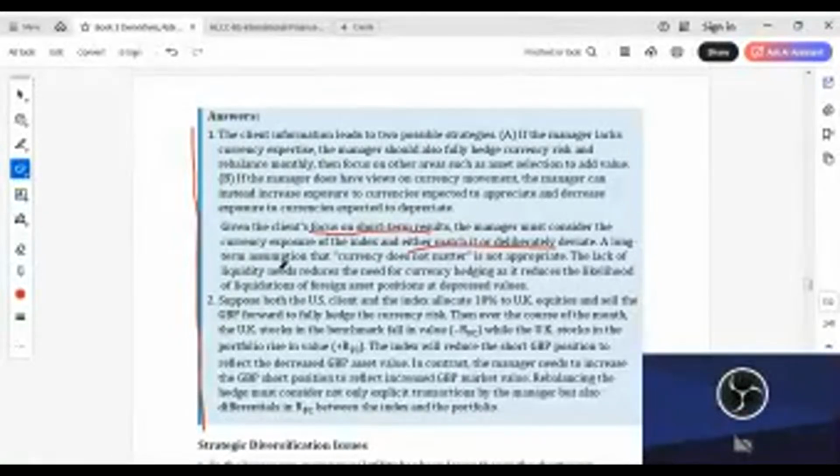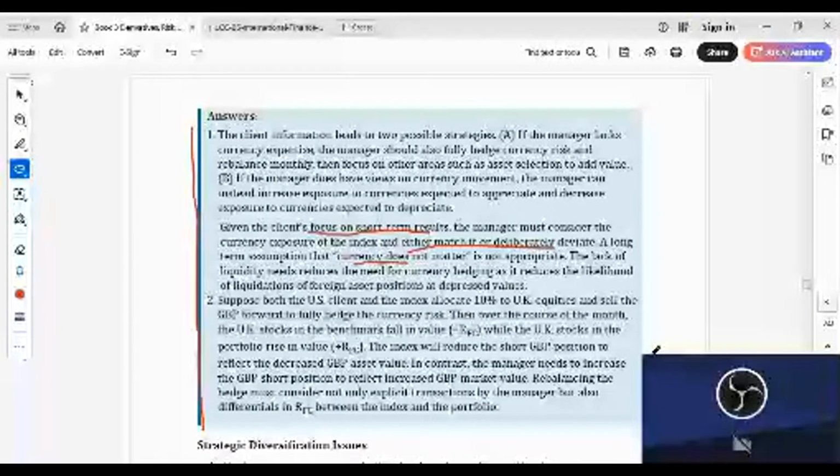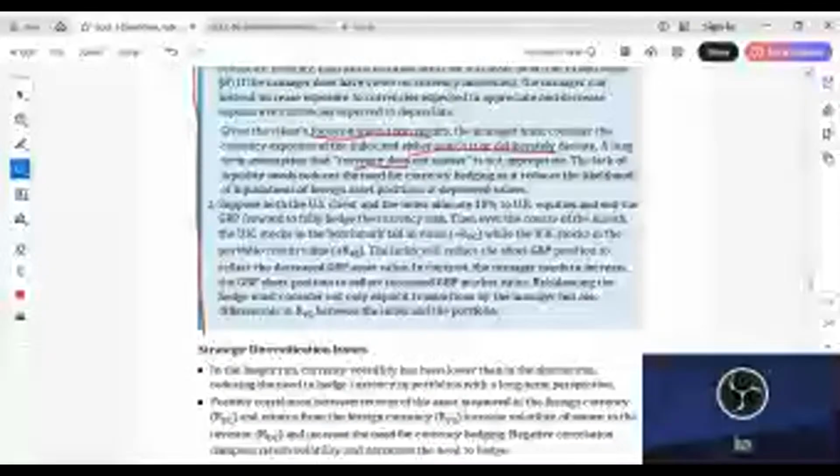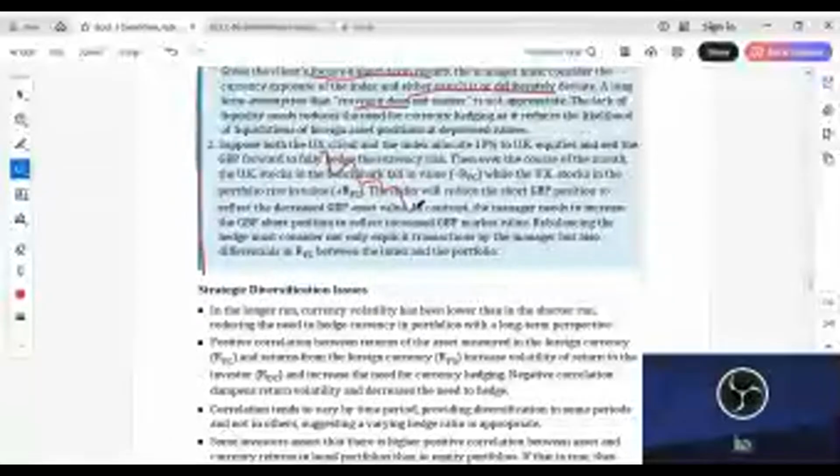I think this is the key, because the focus is on short-term results. You cannot assume that currency does not matter. It will matter. And as I said, a lack of liquidity requirement would generally mean that there is not much need for currency hedging. Basically, asset values will keep on changing, so you would need to rebalance.